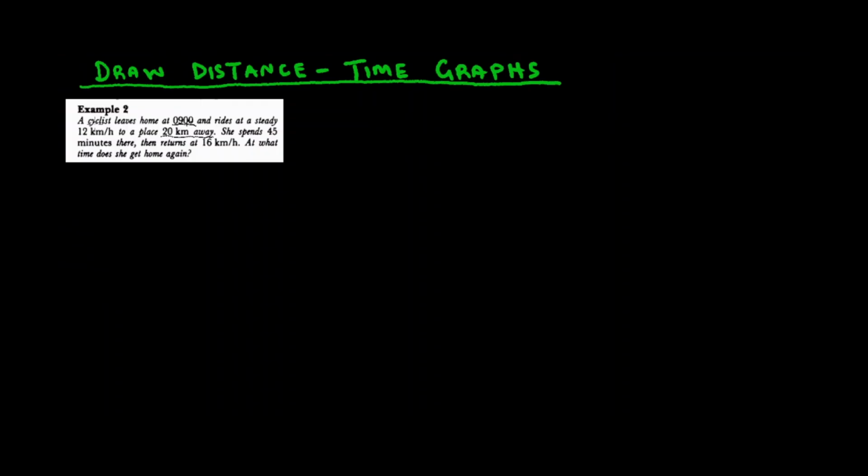We learned that the gradient of a distance time graph is speed. So the speed given is just the gradient of that distance time graph. Because we have been given time and also the distance, we need a distance time graph. Are we together on how we notice that we need a distance time graph? Okay.